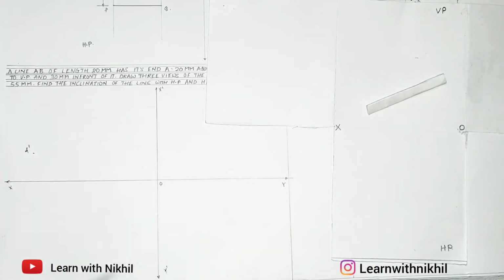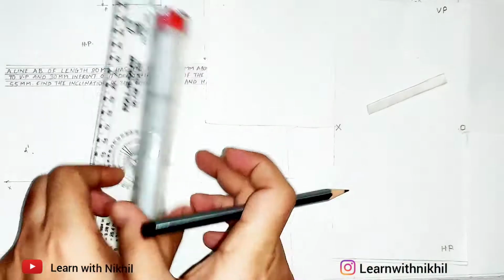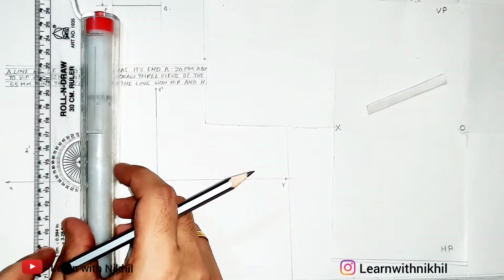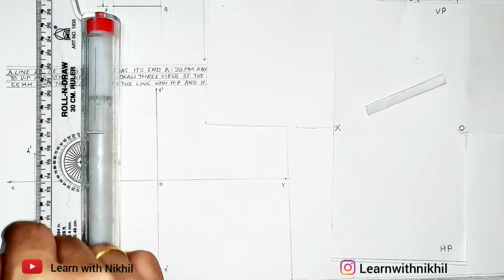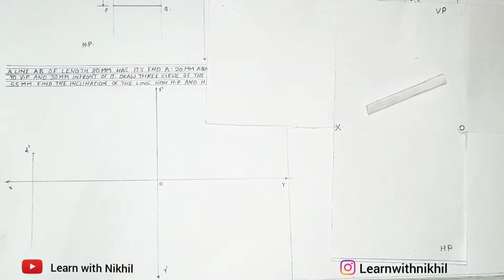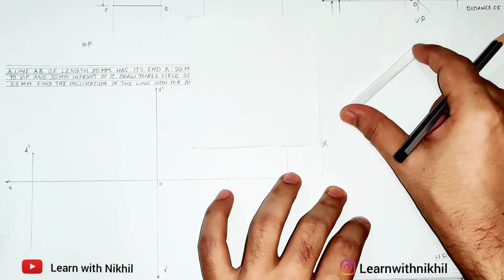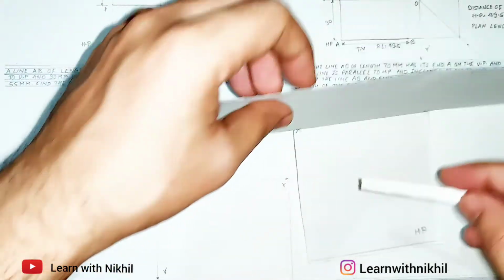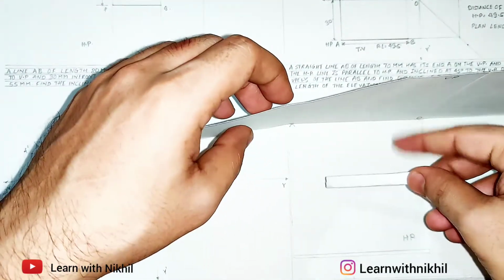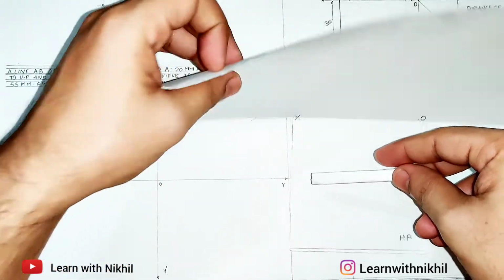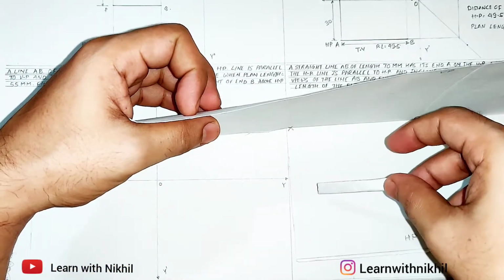Now you don't know the angle of inclination, so what I'll do is draw the top view now. I'll take the projections from this point A dash downward, as we have been given the plan length. From the top view, you know A is 30 mm in front of VP, so this distance is 30 mm.